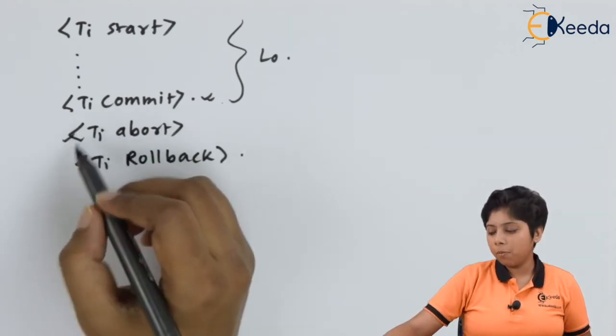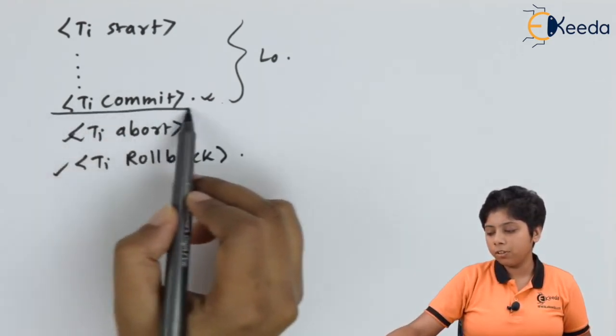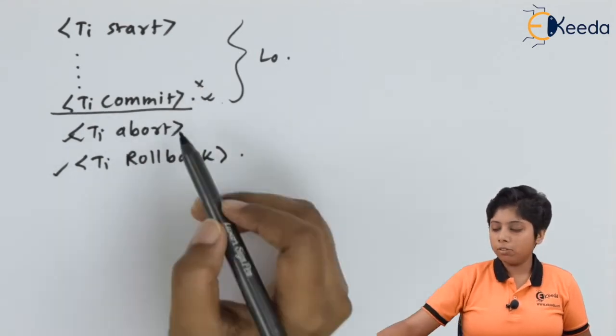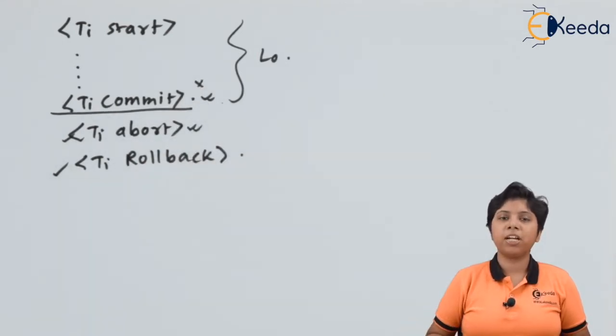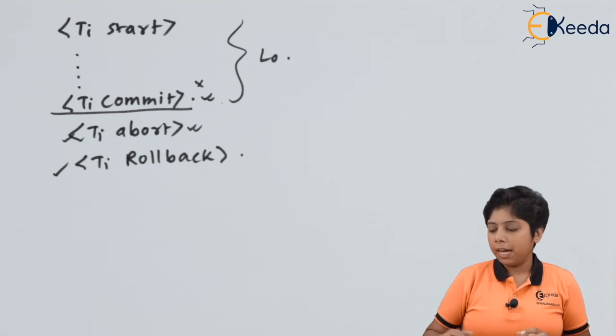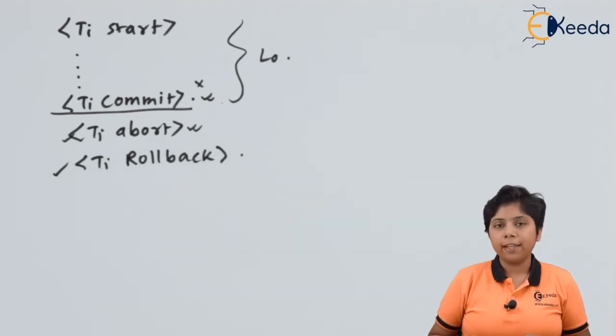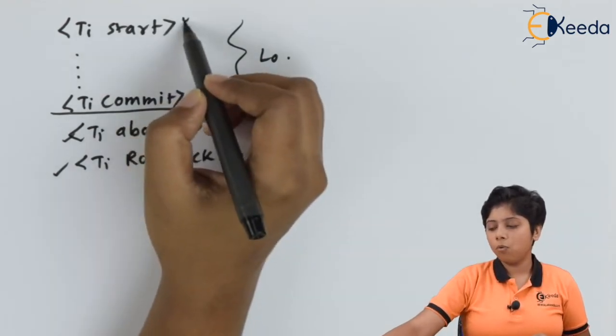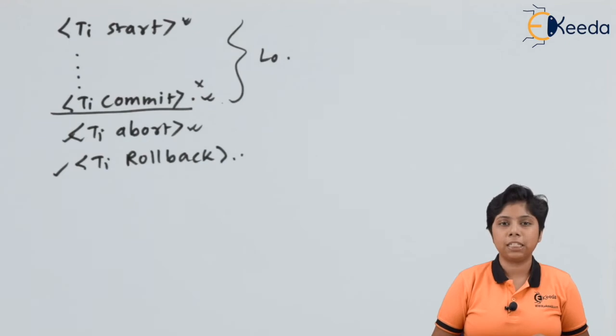What happens with this abort and rollback? After log L0 has been lost, this Ti commit is lost also. Now Ti can be aborted because we consider that the transaction has not yet happened. The last one is Ti rollback, where we need to execute Ti from the beginning again. So by rolling back the transaction, we perform Ti start again.